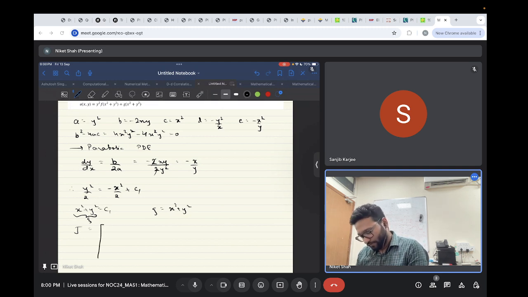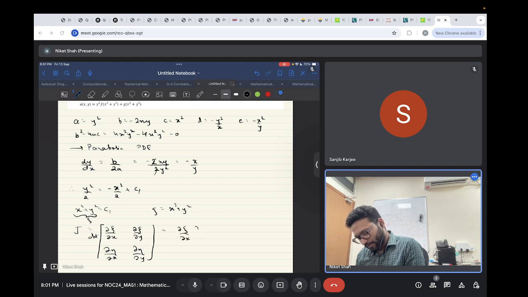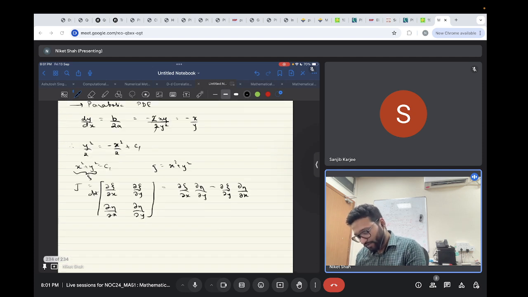Jacobian is the determinant of del zeta by del x, del zeta by del y, del eta by del x and del eta by del y, which is equal to del zeta by del x times del eta by del y minus del zeta by del y times del eta by del x. This is my Jacobian's form. So let's say I take eta to be equal to y just to try it out.